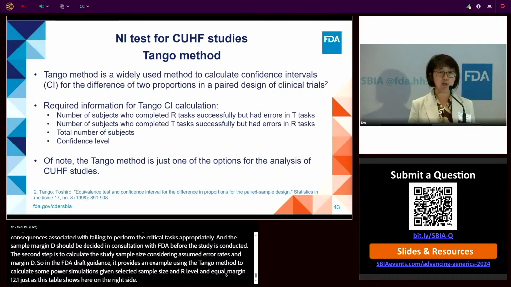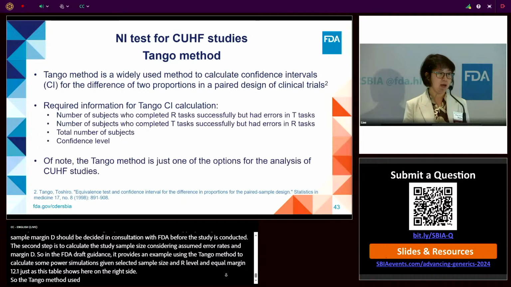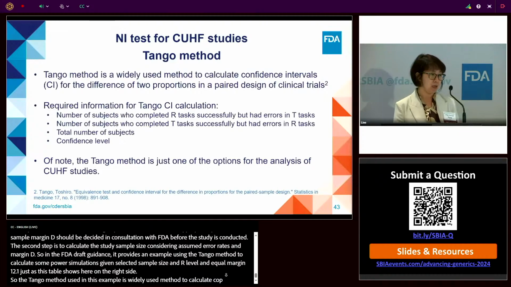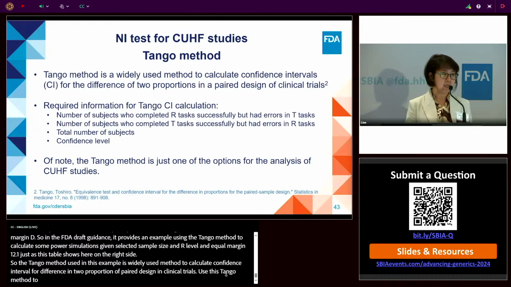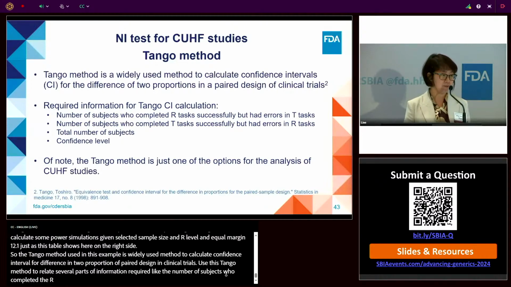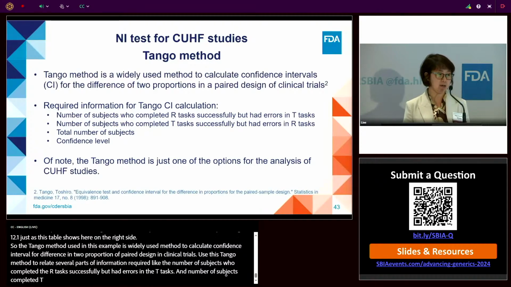The Tango method used in this example is a widely used method to calculate confidence intervals for the difference of 2 proportions in a paired design of clinical trials. To utilize this Tango method to calculate the confidence intervals, usually several pieces of information are required: the number of subjects who completed the R tasks successfully but had errors in the T tasks, and the number of subjects who completed T tasks successfully but had errors in R tasks.